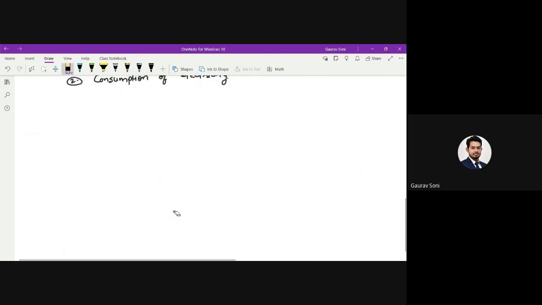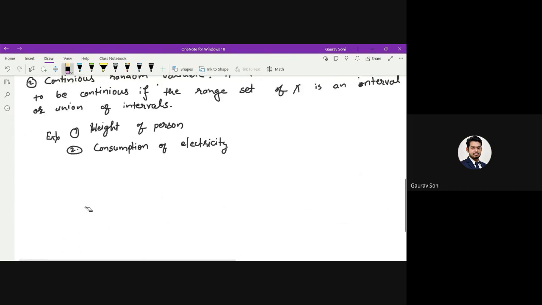Now, when we have a discrete random variable, we can assign a probability mass function. Probability mass function.